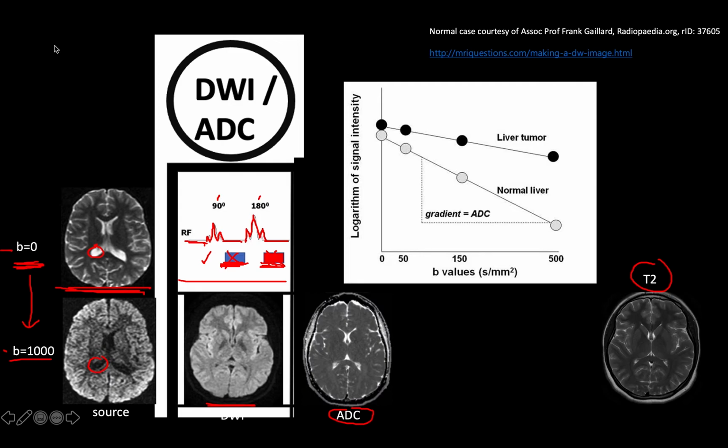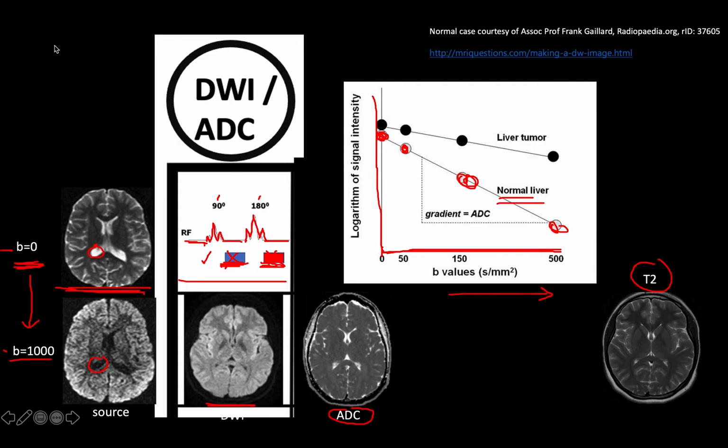We have here a graph showing the signal of normal tissue as you give increasing B values. Notice that if you have normal liver tissue, the signal obtained from a B0 value is going to decrease as you give higher B values.